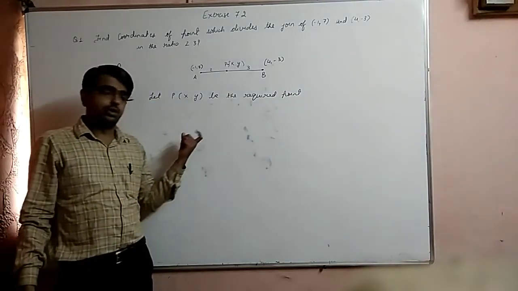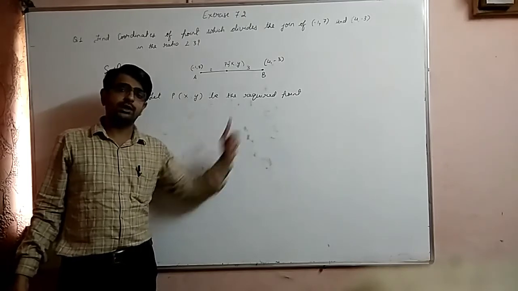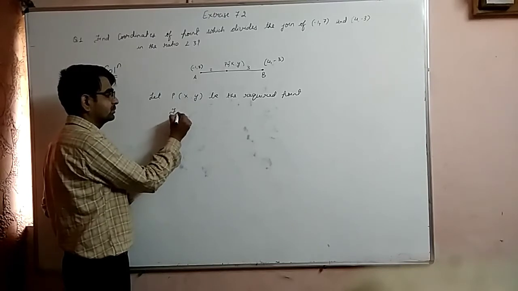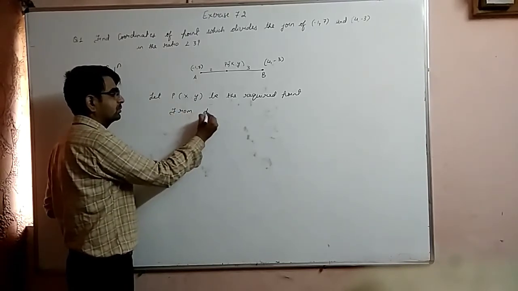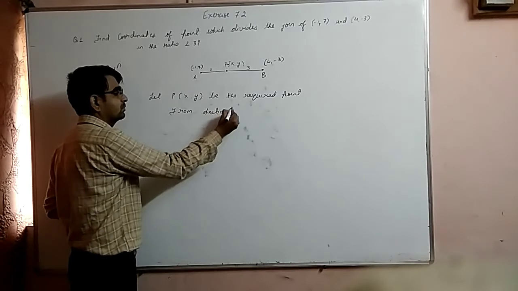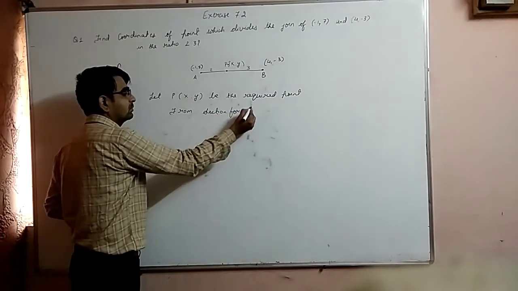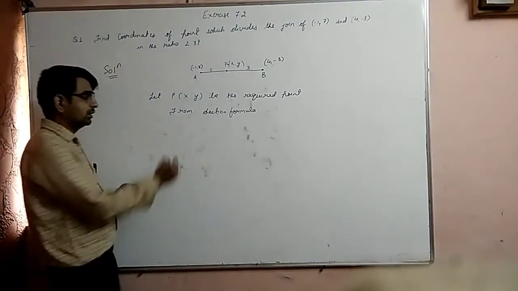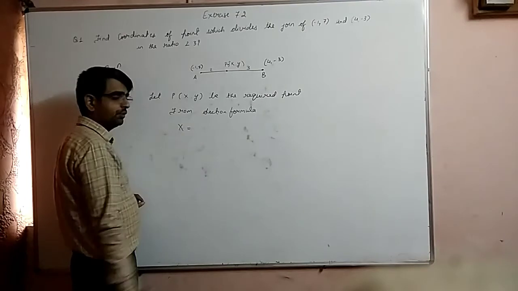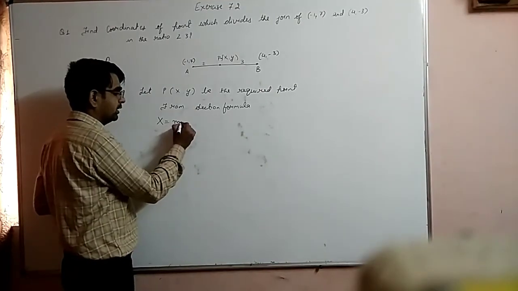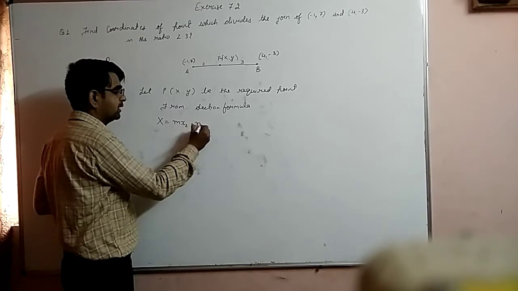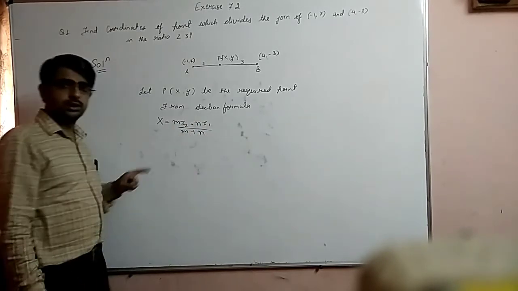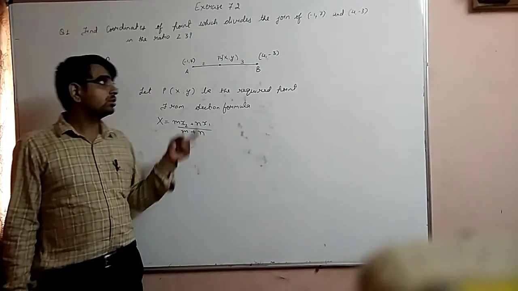What we have assumed: let (x, y) be the required point. Now from the section formula, which we derived that day, what is the formula for the x coordinate? It is (m x2 plus n x1) by (m plus n), where x1, y1 and x2, y2 are the coordinates.